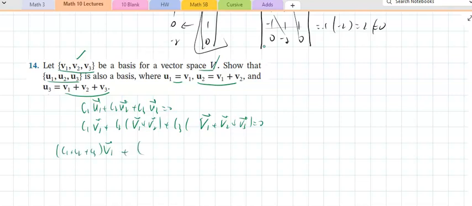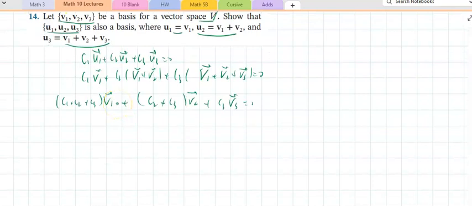And if I take V sub 2, the coefficients are C sub 2 plus C sub 3. And if I look at V sub 3, that's 0 there, 0 there. It's only C sub 3. Again, all of these are vectors. So doesn't that mean I'm really looking at this system? Let's see, 1, 1, 1, 0.